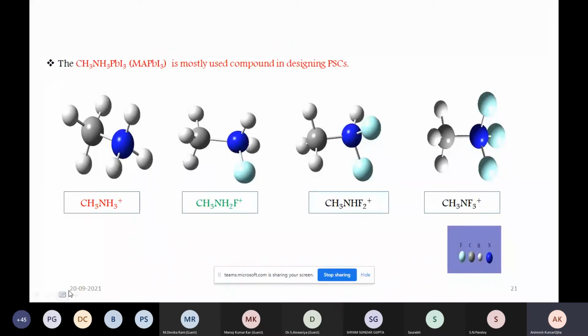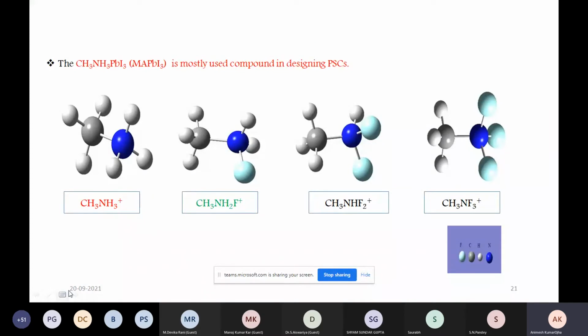Okay, so why this higher dipole moment? The higher dipole moment is because I wanted to polarize this inorganic part. So once this inorganic part is polarized, then the interaction between organic and inorganic part will be enhanced automatically, which enhances the structural stability of the perovskites.